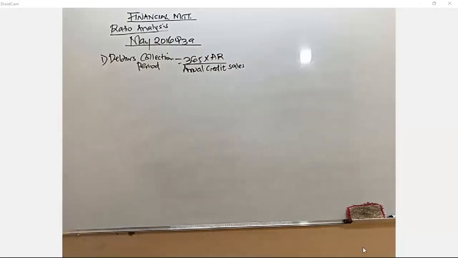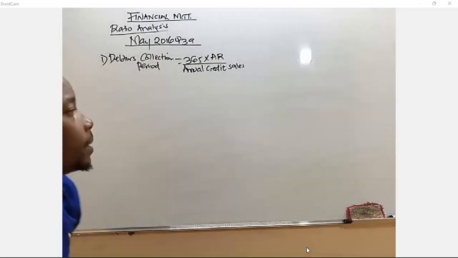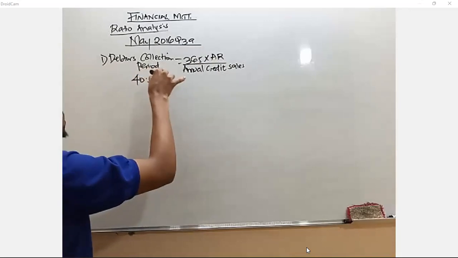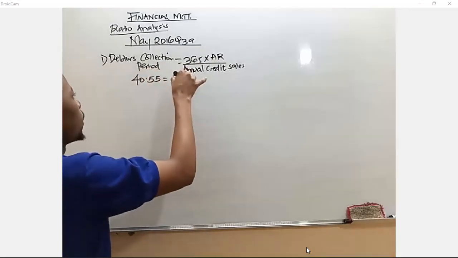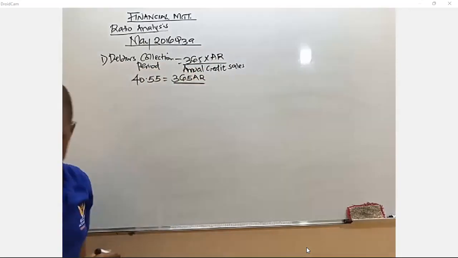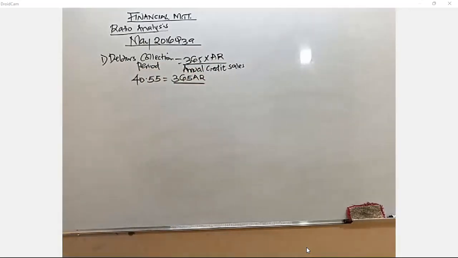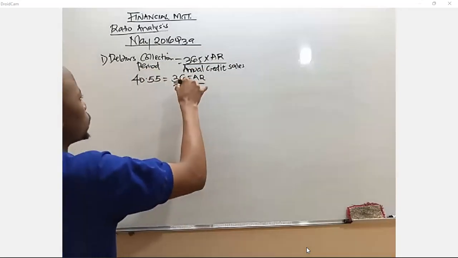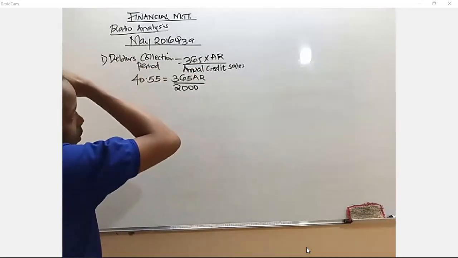When I look at that question, I will find that the debtors collection period we have been given is 40.55 days. This should be equal to 365 times AR, divided by the annual credit sales. And when I look here, our sales we have already been told are on credit, so I divide by 2,000.